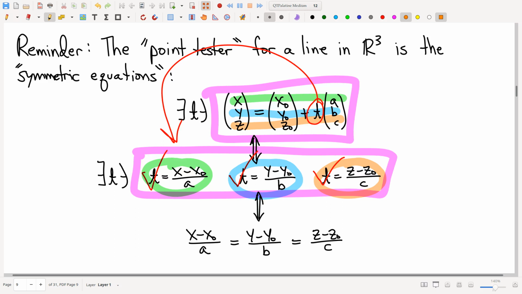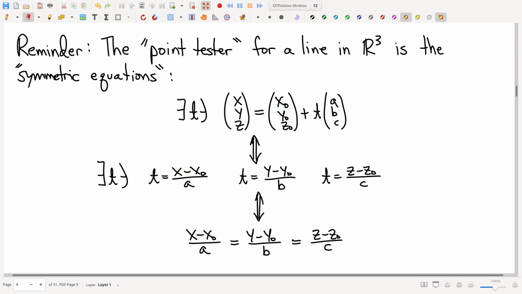Okay, now we have a different question. Let's look at this second line here. Does there exist a value of t that makes all three of these equations work? Here's a silly example, deliberately silly. Is there a value of t that is equal to 2 and 3 and 7?